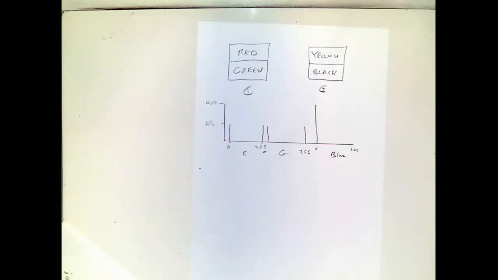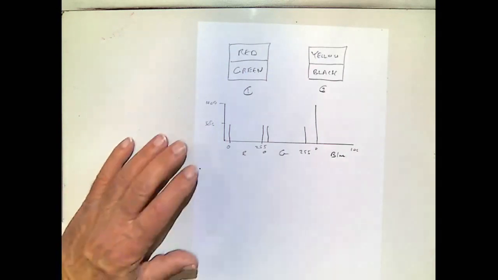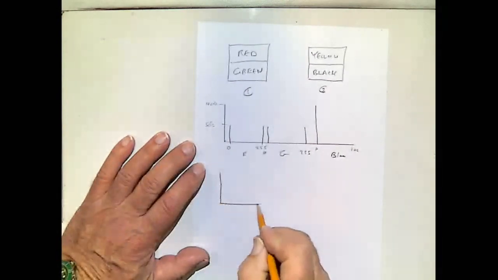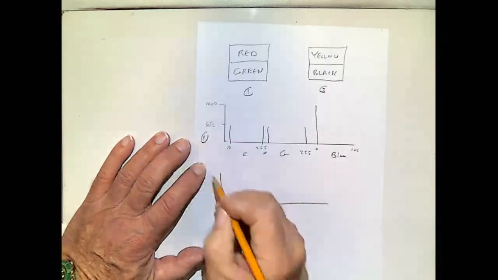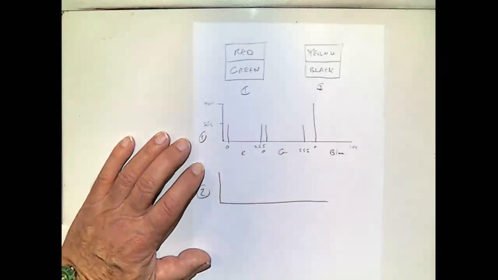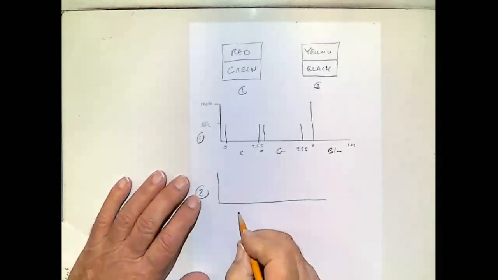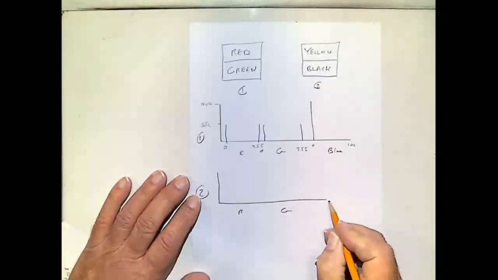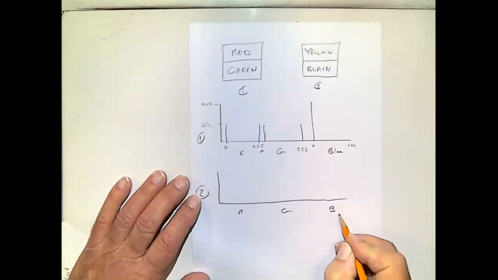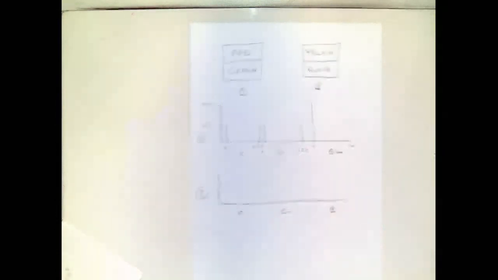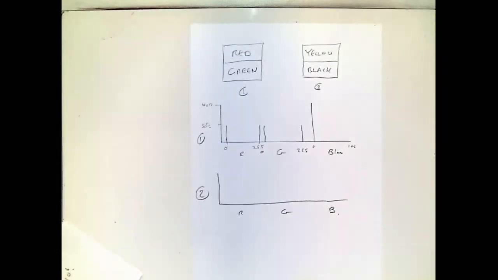But the interesting thing is, let us now get the histogram for image 2. This is the histogram for 1, the histogram for 2. Yellow and black. Again, we want R, G, and B. The yellow half, the 50% of the pixels that are yellow.